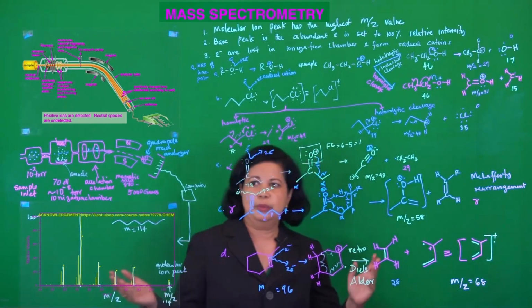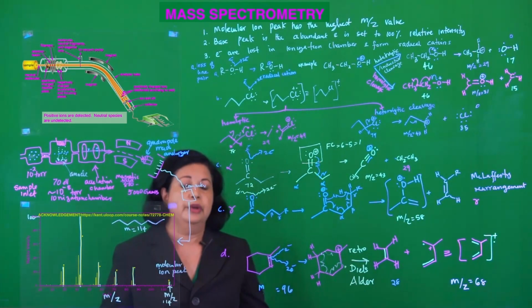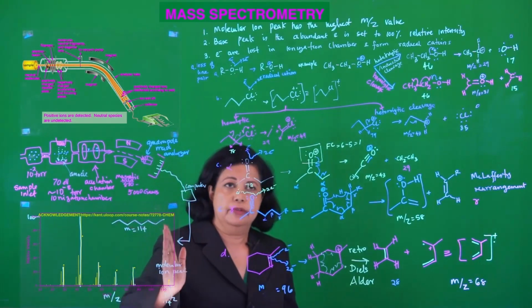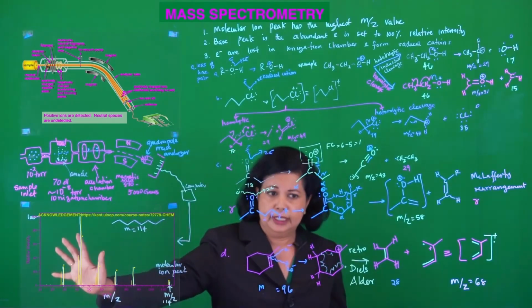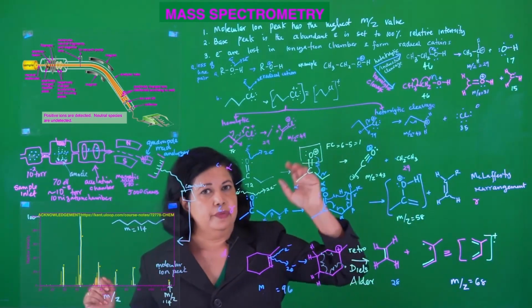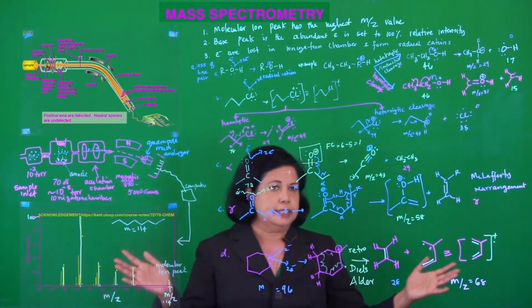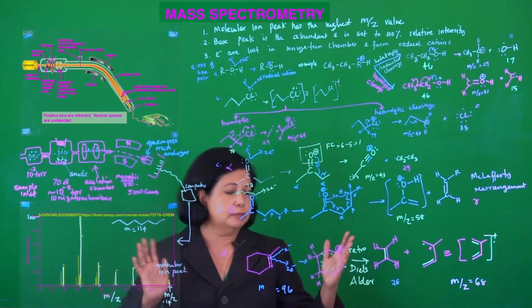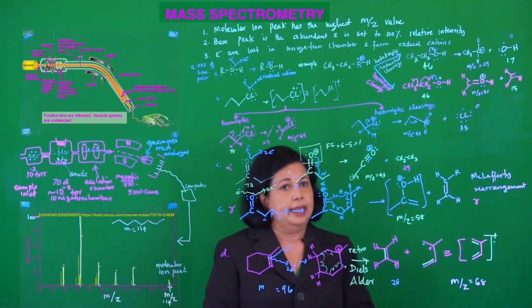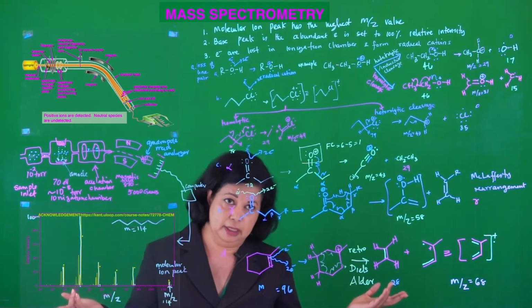So just to leave you with some thoughts, mass spec is a fantastic method of finding the molecular weight of an unknown and also coming up with an identity by analyzing the fragments that come out of the mass spec. In modern mass specs, the computer already has a library of mass spec fragments that are possible for each molecule, and it can even give you suggestions and identify the molecule for you.